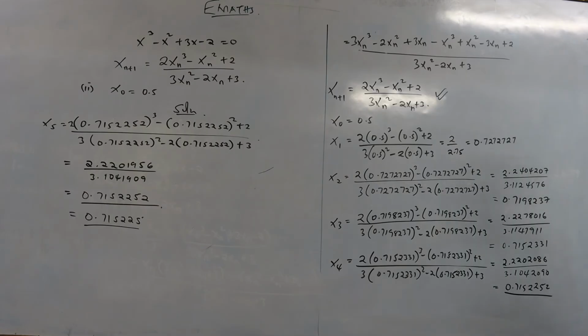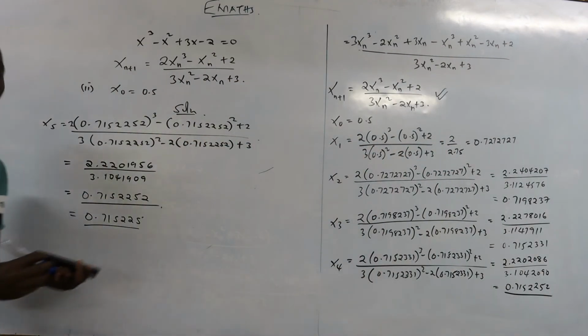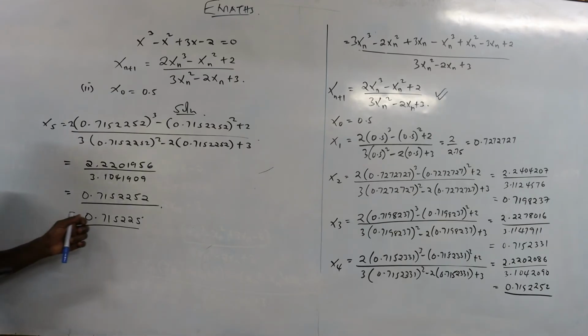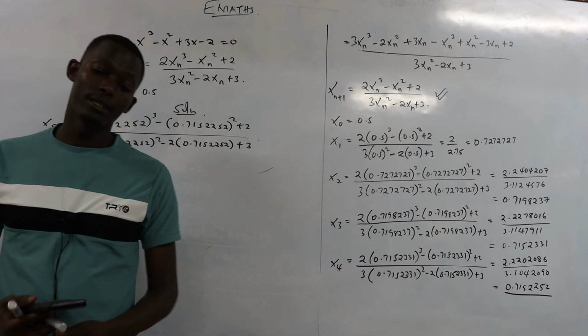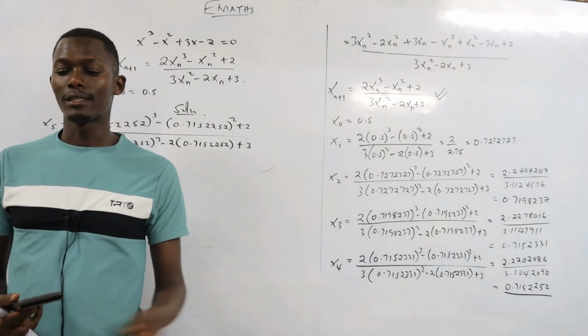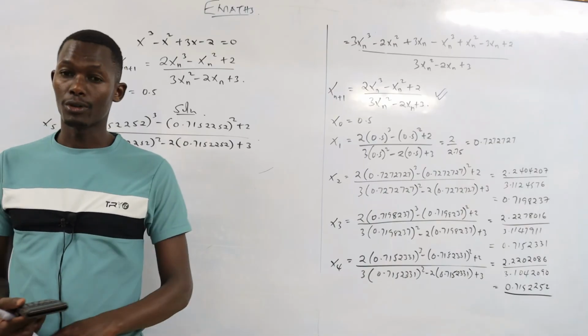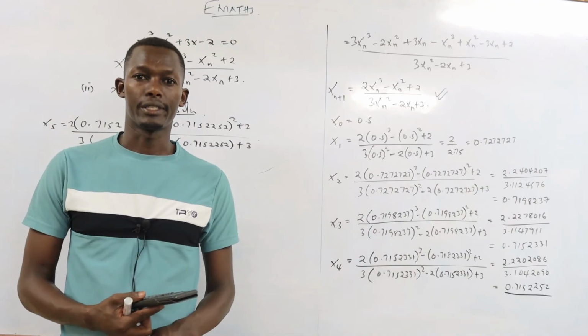So therefore your better approximation or your value for x will be given by the root, that is the root will be given by 0.715225, and that one, students, gains you 11 marks in your final exam. So that is it for Newton-Raphson October November 2024 series.